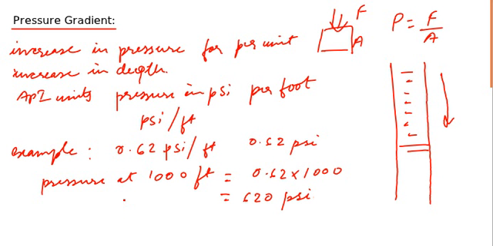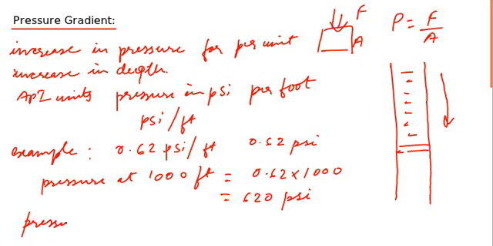Conversely, pressure gradient can be used if you know the pressure at a particular depth, like 1000 feet, and I ask you what is the pressure at 500 feet, so you will subtract the pressure at 500 feet. So this pressure gradient can be used to find pressure difference if you know the difference in TVD.